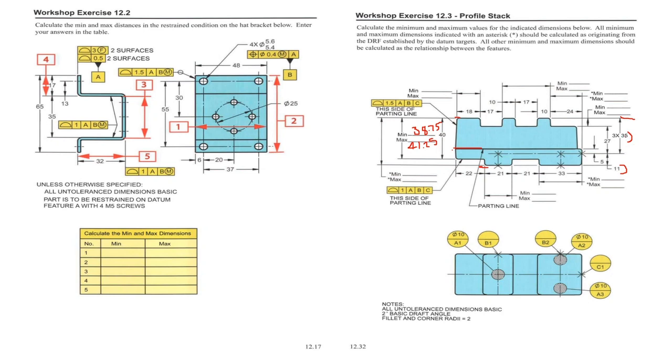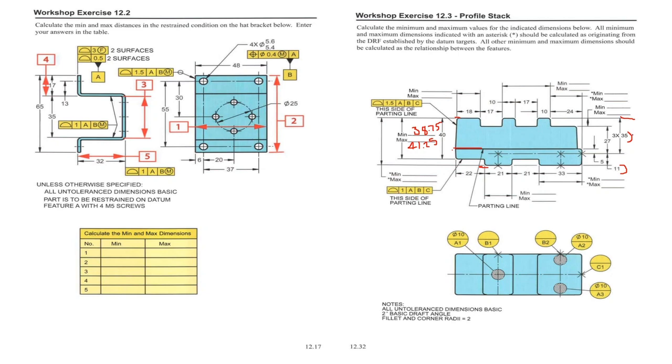And from this 35, we have the profile tolerance of 1.5. So we will subtract 0.75 from this 35, and from this 11, we will subtract this 0.5, which is the profile tolerance here at the bottom side.